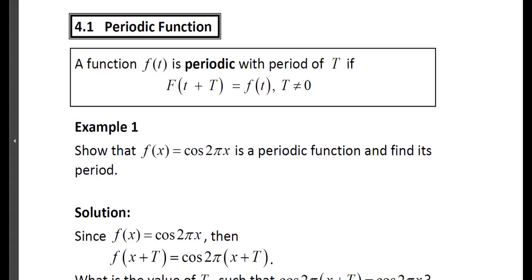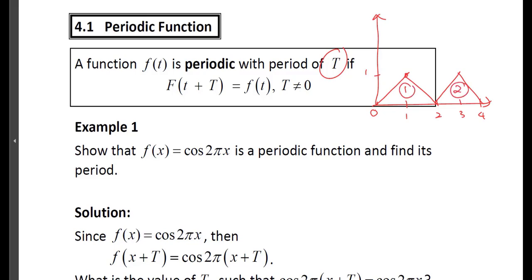The first topic is periodic function, meaning that the function repeats after some value of t. For example, let's say the graph is like this, with marks at 0, 1, 2, 3, 4. This is the first function and then the second function.